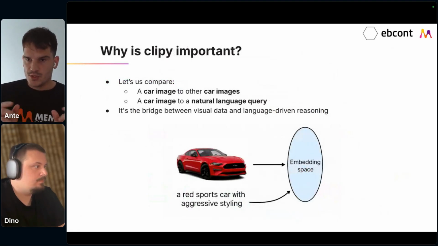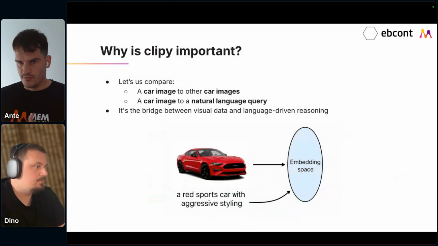It's essentially a bridge between visual data and language-driven reasoning. So in our example, it's a red sport car with aggressive styling, and the same image of that car lives in the same embedding space, which in a practical sense means that you can search the image via NLP or via the image.